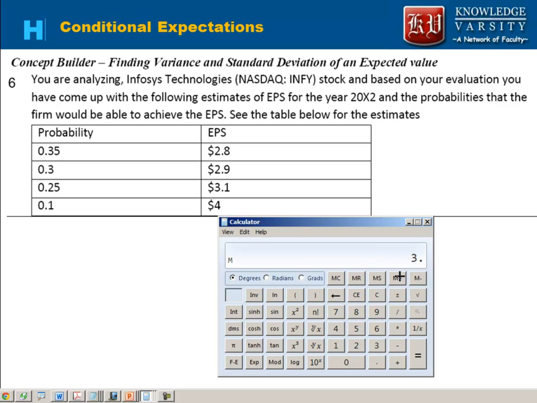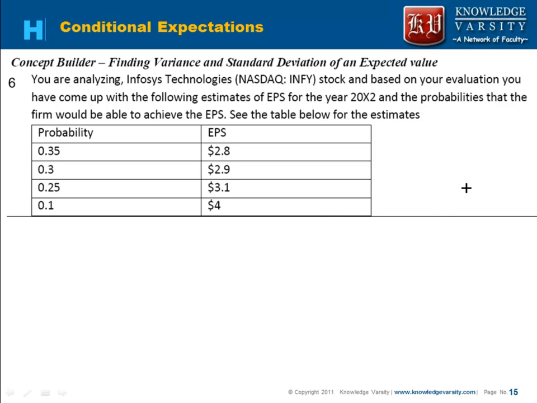Then 3.1 minus 3.025, square it, multiply with 0.25, and store it. And finally 4 minus 3.025, whatever value comes, square it, multiply with 0.1 and store it. This is your recall. So your variance comes as 0.118.